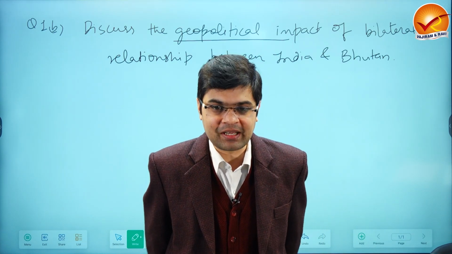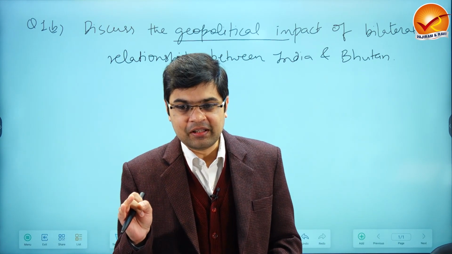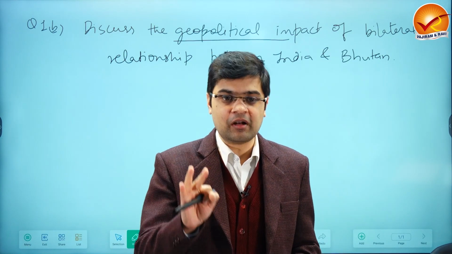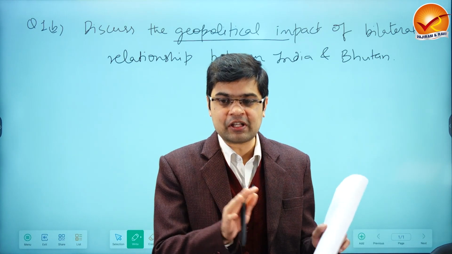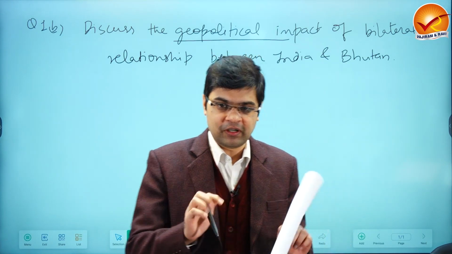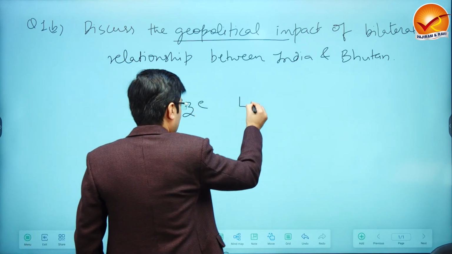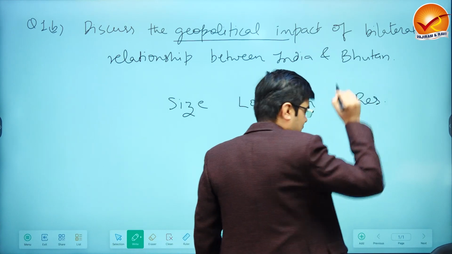Geography means the size of the area, the location of the area, and the resources that are present in the area. So these are the different aspects of geographical location: size, location, or resources.